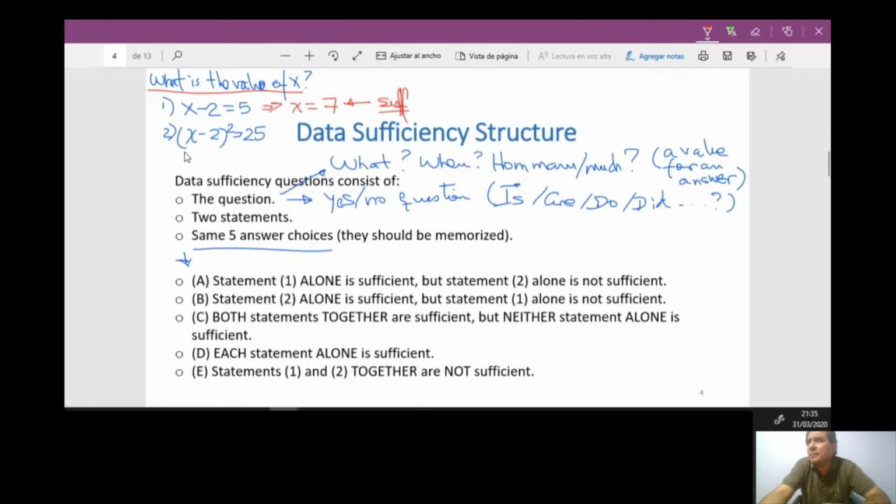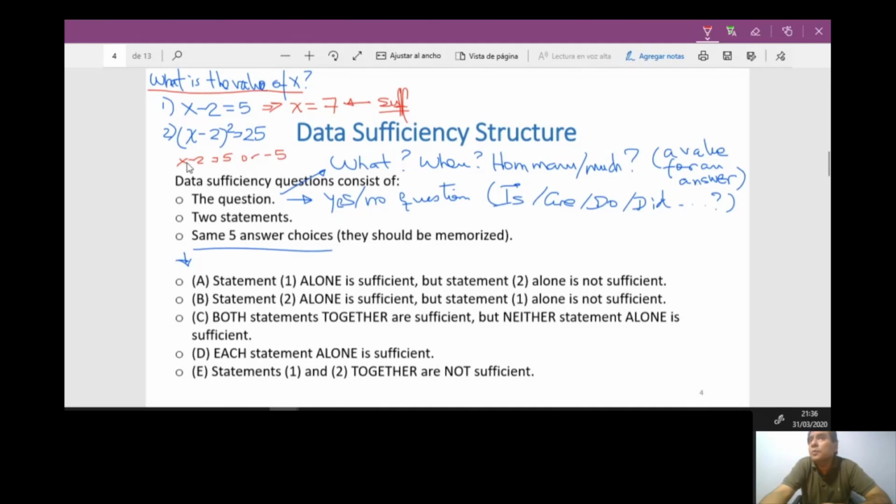The second statement says something similar actually. It says (x minus 2) squared equals 25. So from this, we know something, that it is possible that x minus 2 actually is 5 or negative 5.